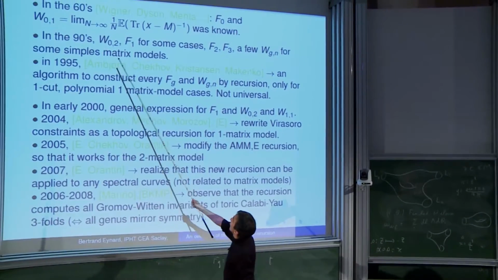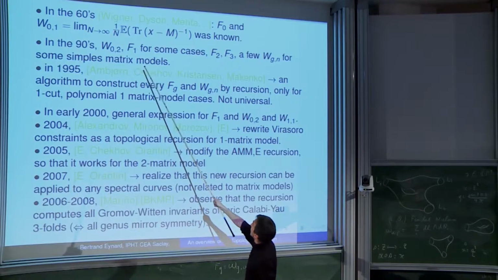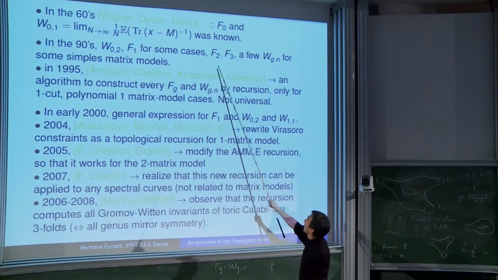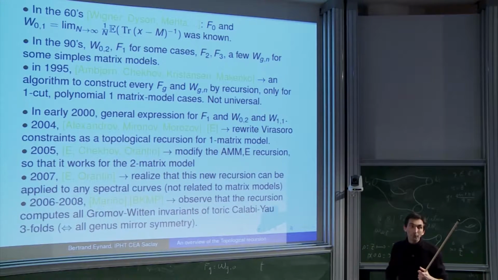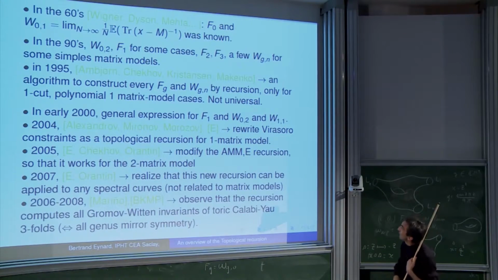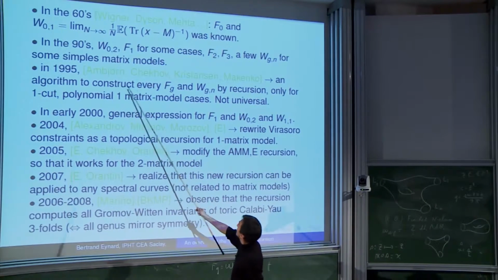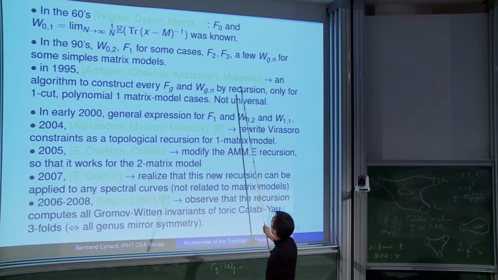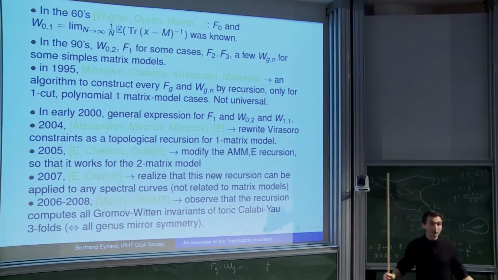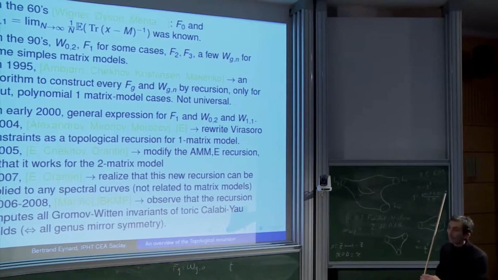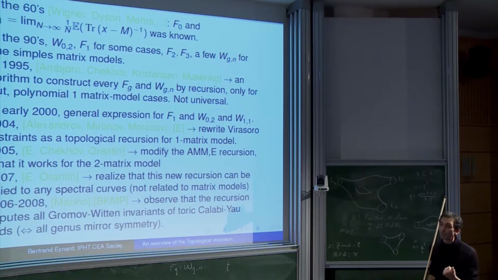Then the two-point function, or the first correction to F1, to the partition function. And in some cases, people were able to go to F2, F3, and so on. It was computed more or less case by case in some simplest cases. In 95, Ambjorn, Chekhov, Kristjansen, and Makeenko produced an algorithm to, in principle, compute every coefficient. But it was an algorithm which was really model dependent. And for instance, they were able to run it only in the so-called one matrix model with polynomial potential.